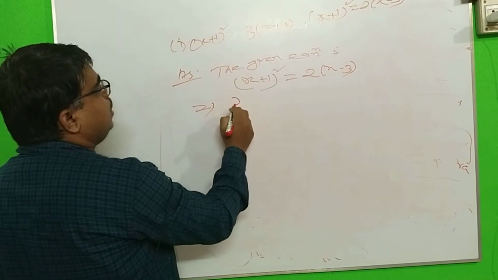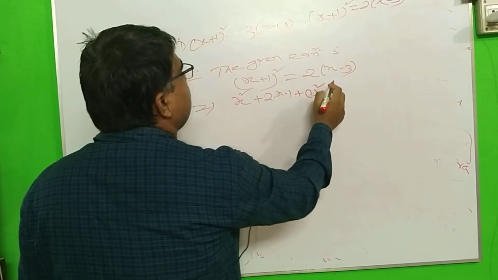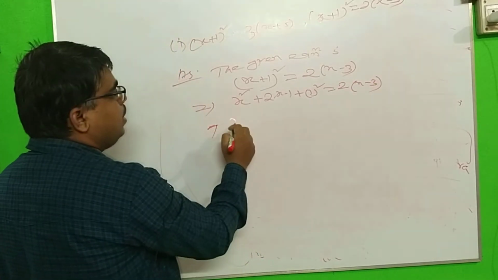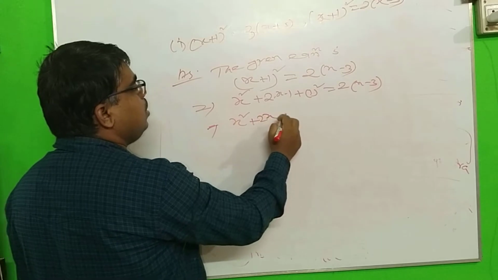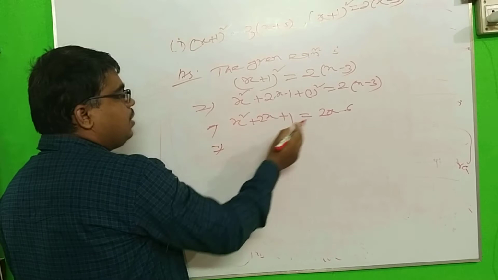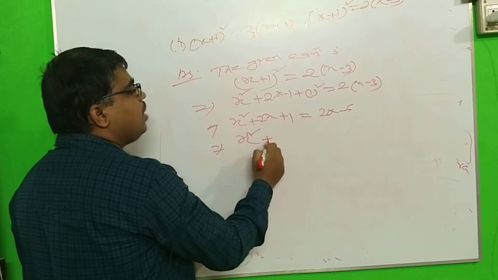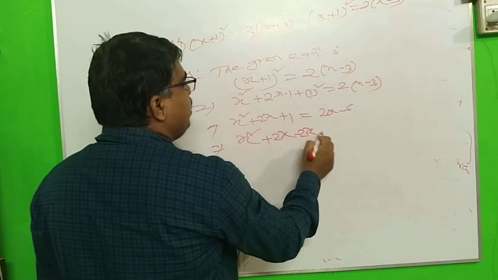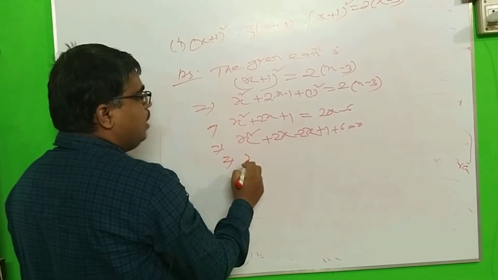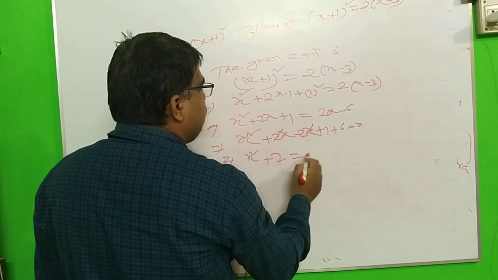This implies x square plus 2 into x into 1 plus 1 whole square is equal to 2 into x minus 3. This implies x square plus 2x plus 1 equal to 2x minus 6. We transfer the term from the right hand side to left hand side. x square plus 2x minus 2x plus 1 plus 6 equal to 0. x square plus 7 equal to 0.